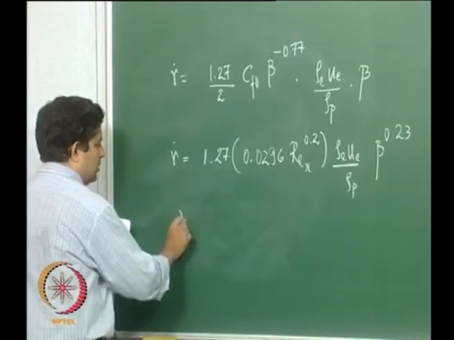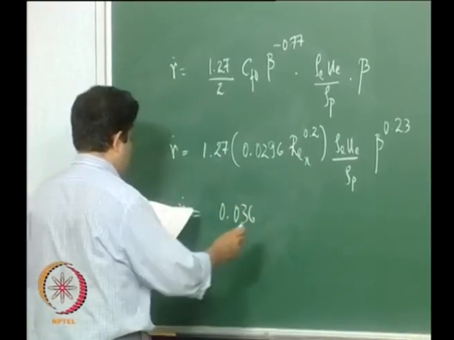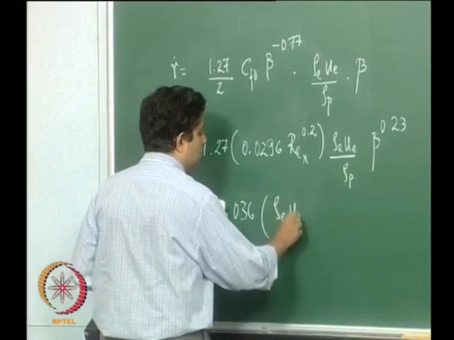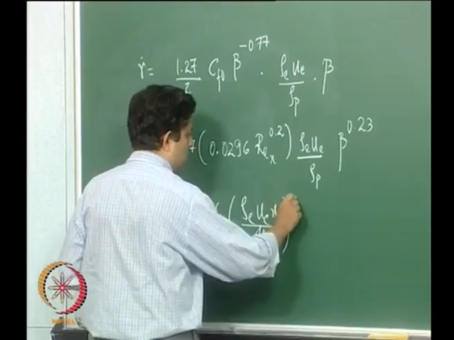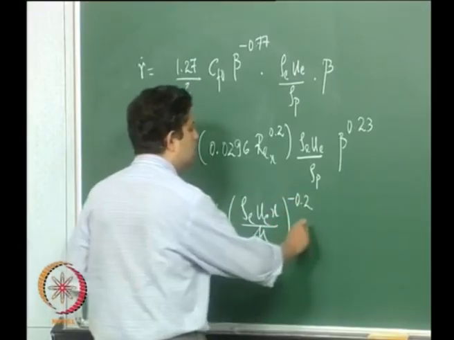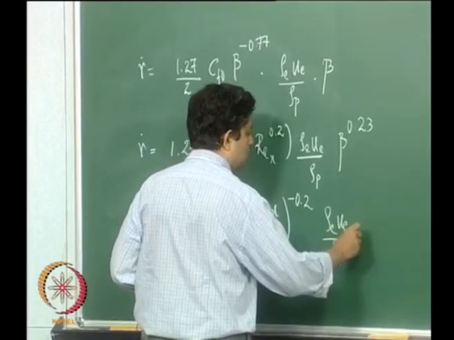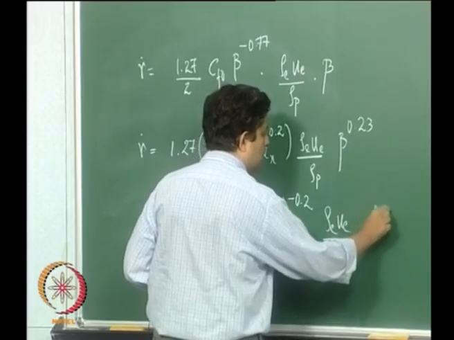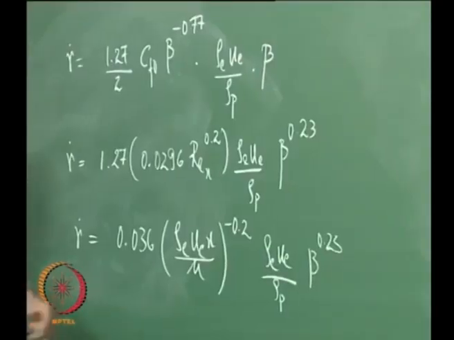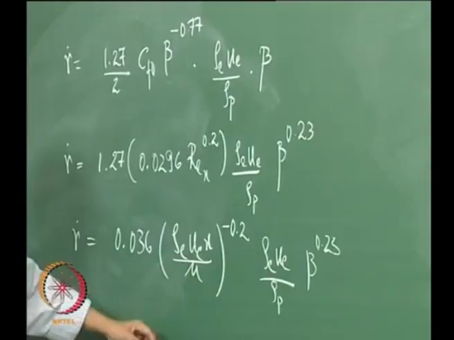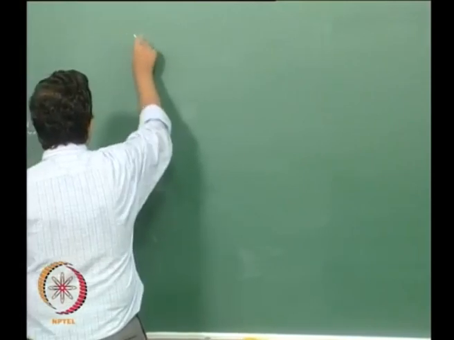So I get r dot is equal to, so we have rho e ue here and here, so we can club those two and rewrite our expression.